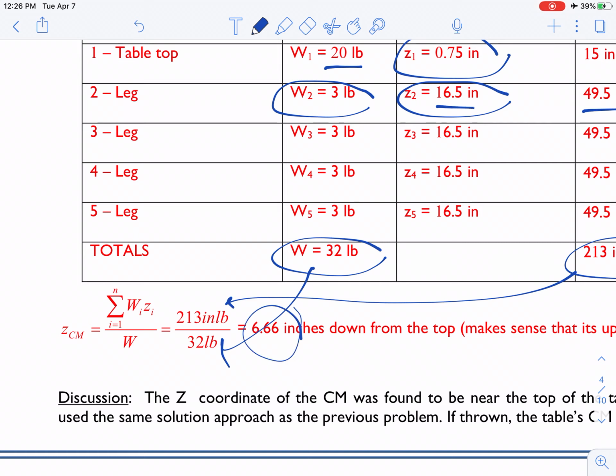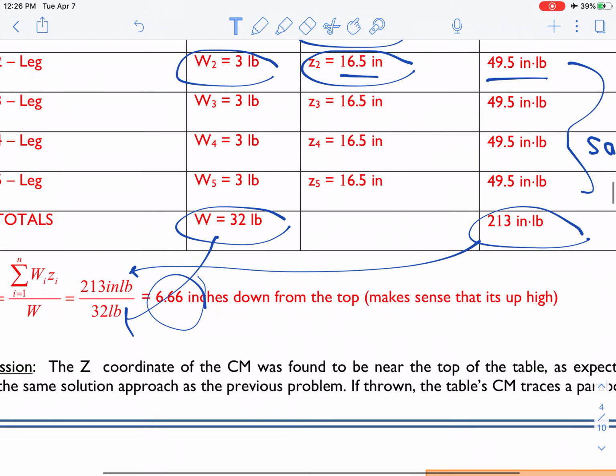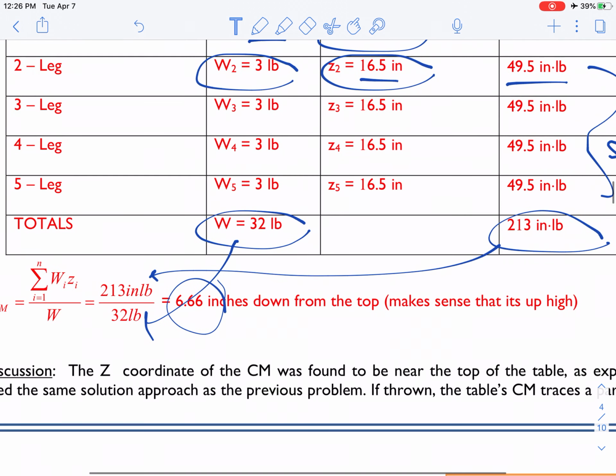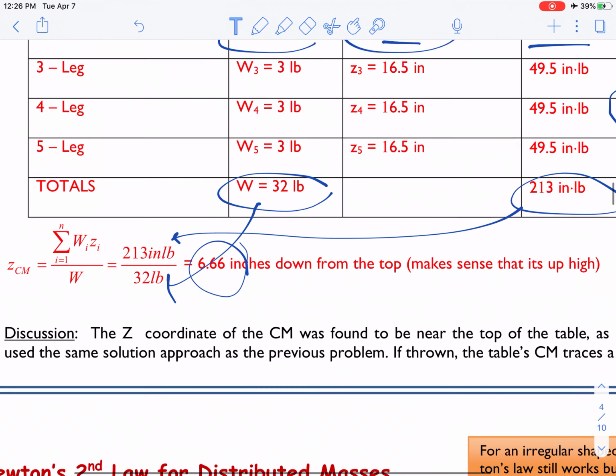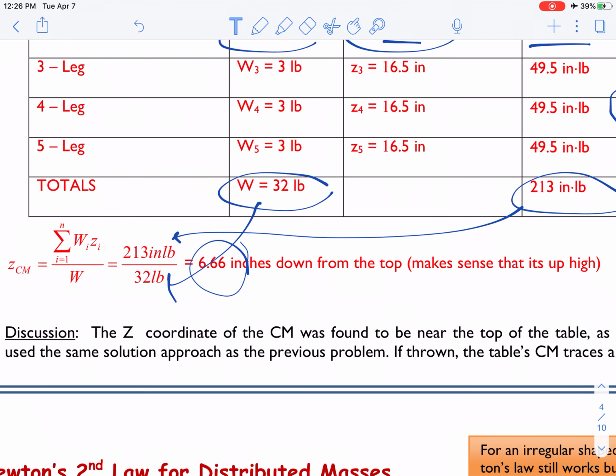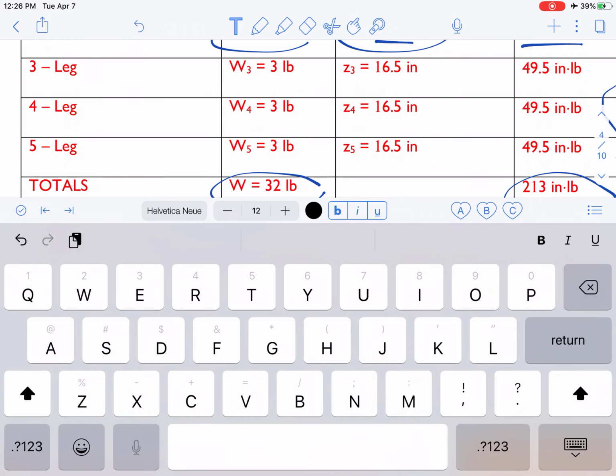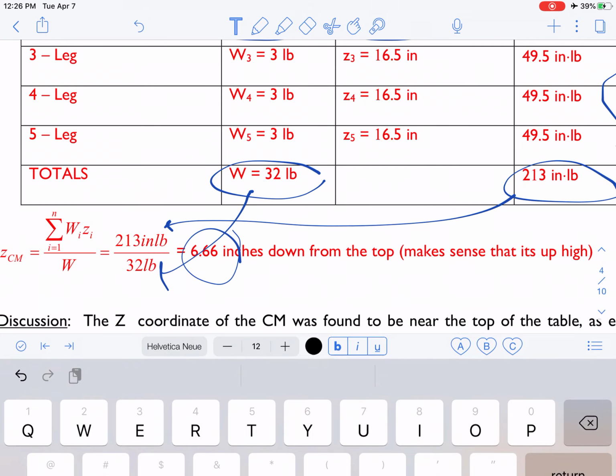So that is 6.66 inches down from the top, and it makes sense that it is that high because the tabletop is much heavier, right? But the estimations were correct. We thought that would be less than 1 foot. It is a little bit more than half of a foot, but we did consider that it would be high.